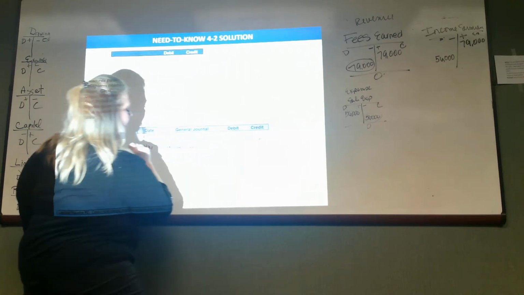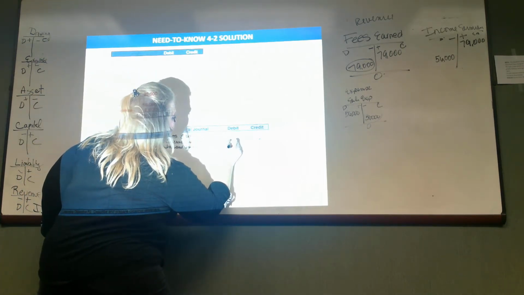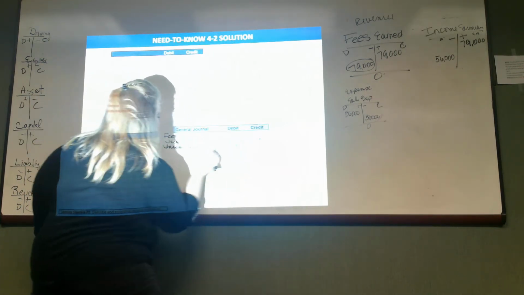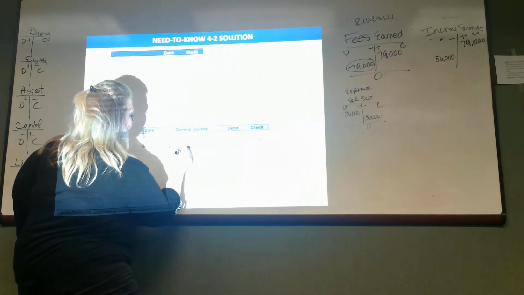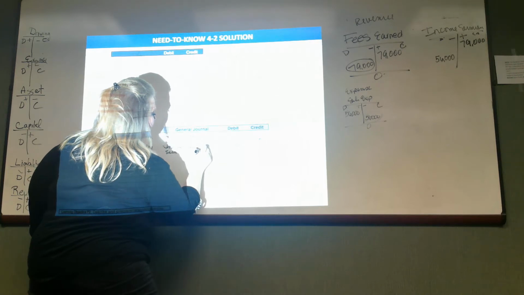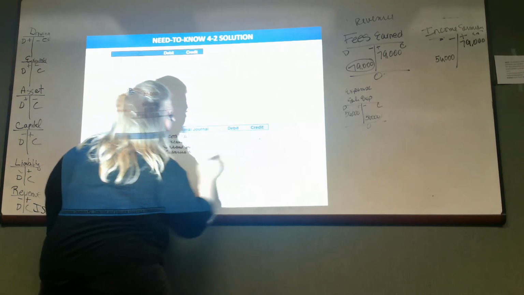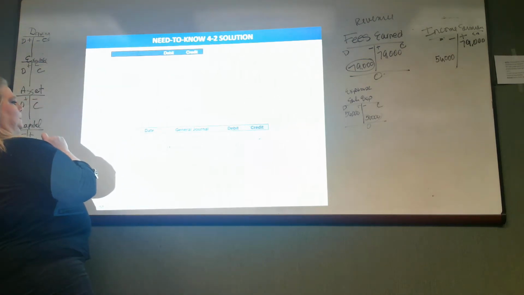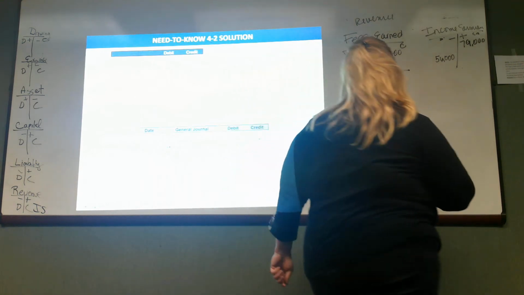So don't forget to ask yourself the easy questions. What goes first on the journal entry? Then we use salary. Okay, and looks like you got another expense up there. Office expense. Yep.